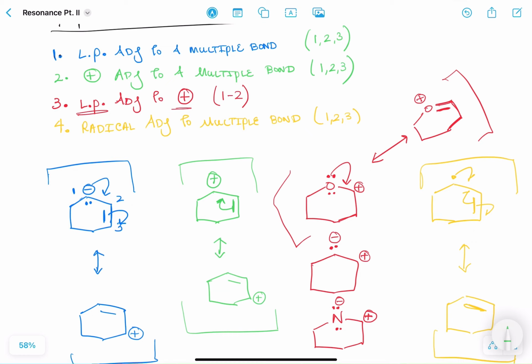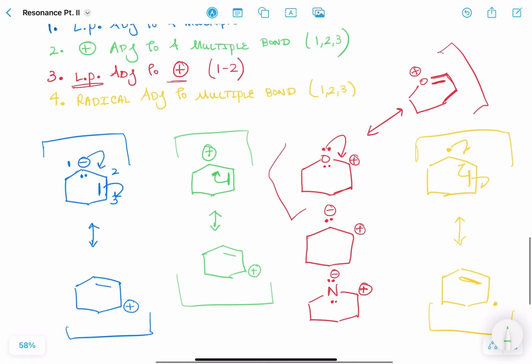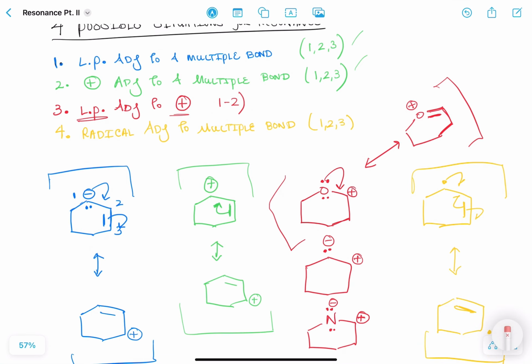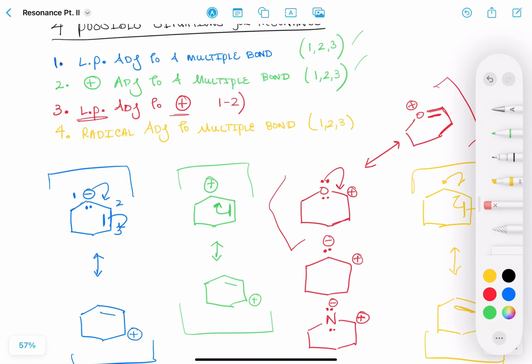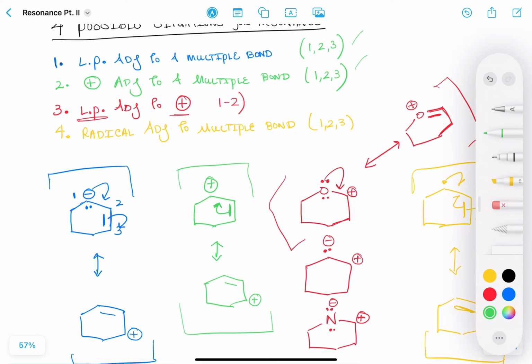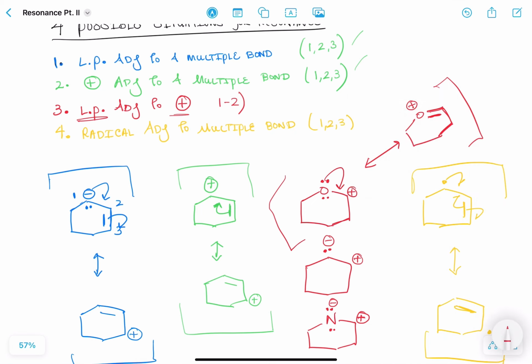Now, they could be on different atoms, they could be in completely different, dissimilar structures, and structures that look nothing alike at all. But again, the pattern is going to play out. So in this one, it's across 1, 2, 3, and then the only one where it just deals with 2 is essentially the case where you have a lone pair adjacent to a positive charge. If we look at it, that would look like this right here.